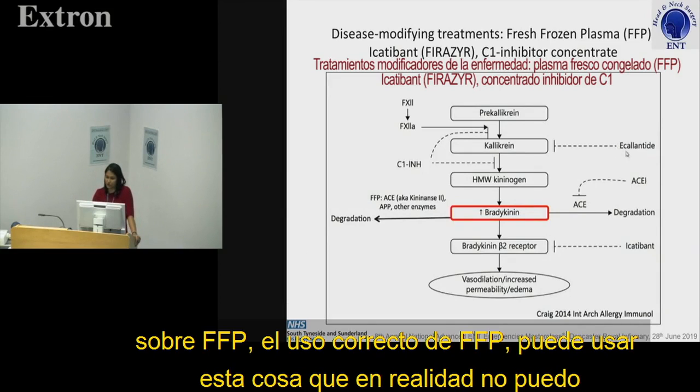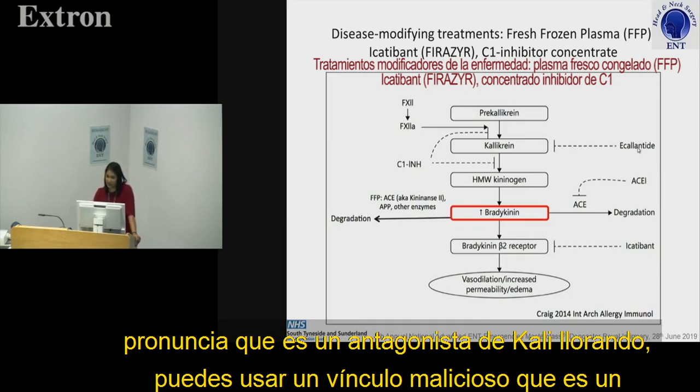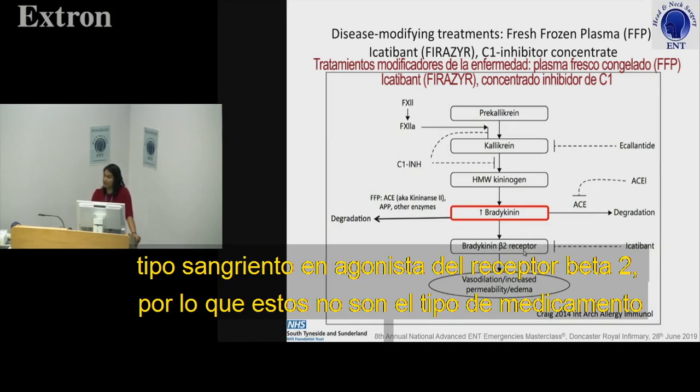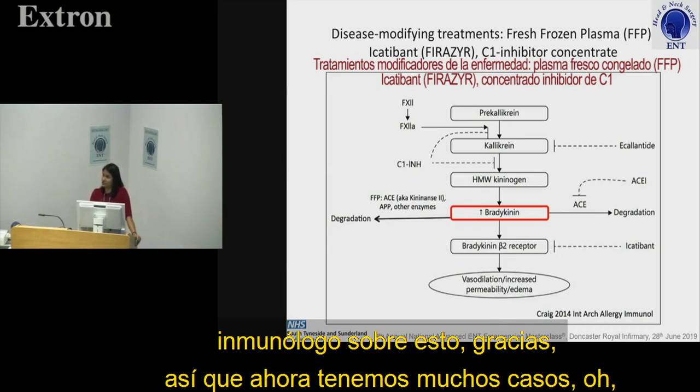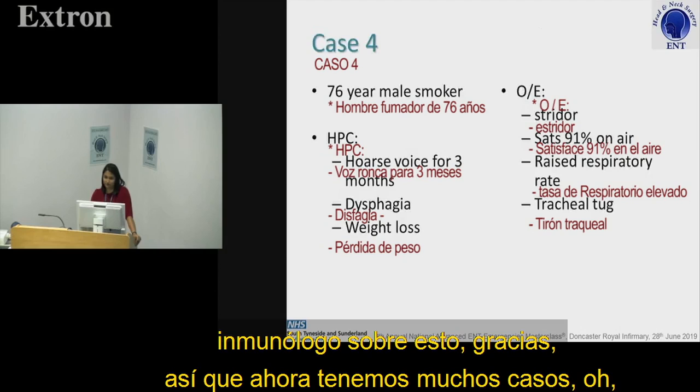You can use this thing that I can't actually pronounce. It's a kallikrein antagonist. You can use icatibant, which is a bradykinin beta-2 receptor antagonist. So these are not the sort of medication that we would routinely prescribe, so probably best to have a chat with your immunologist about this.